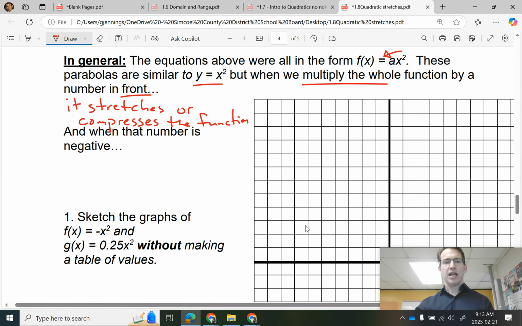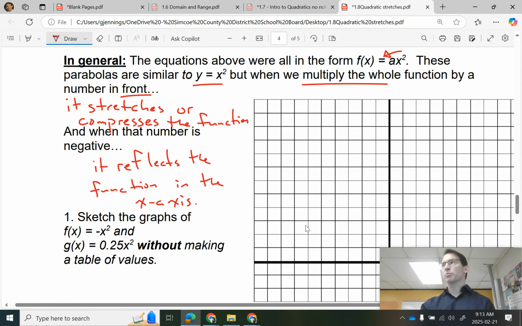And when the number's a negative, it reflects the function in the x-axis. Everything positive becomes negative, everything negative becomes positive, in terms of the y values, the outputs of the function. Okay? That's the main takeaway there.